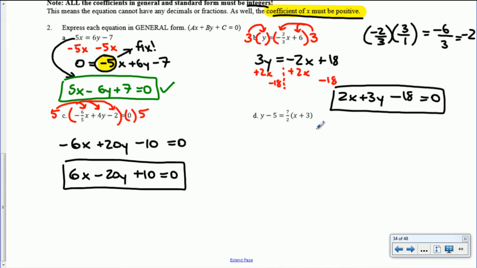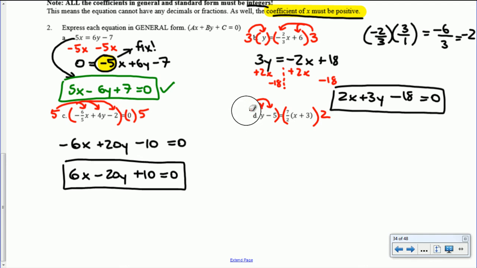Okay, and then, so again, this fraction problem, I got to get rid of the fraction. So if I multiply both sides of this by 2, that gets rid of the denominator on the right. So keep in mind, I need to multiply each of those, and then maybe it might be easier.